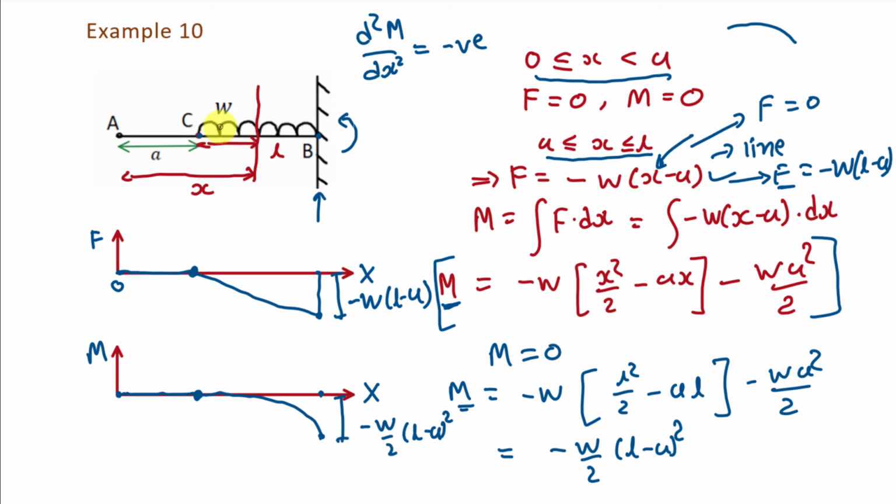But due to this uniform distributed load, there will be a moment acting in this beam. So there will be a reactive moment at this end, and that will be a concentrated moment because that reactive moment will act at the point B. And we have discussed that concentrated moment gives sudden effect on the bending moment diagram, so that we will join this 2 point like this.